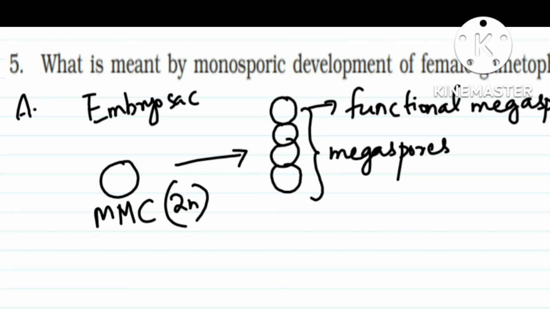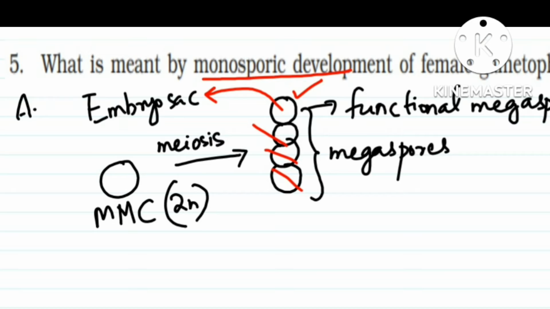The megaspore mother cell underwent meiosis to form the 4 megaspores, of which 3 degenerated. After the degeneration of these 3, only 1 functional megaspore remained that developed into the embryo sac. So that's why monosporic development means the development of 1 functional megaspore from the megaspore mother cell.